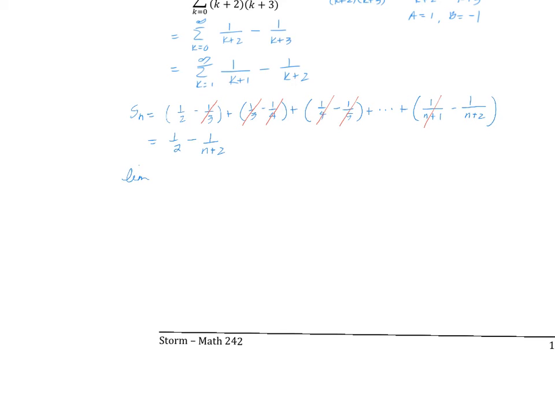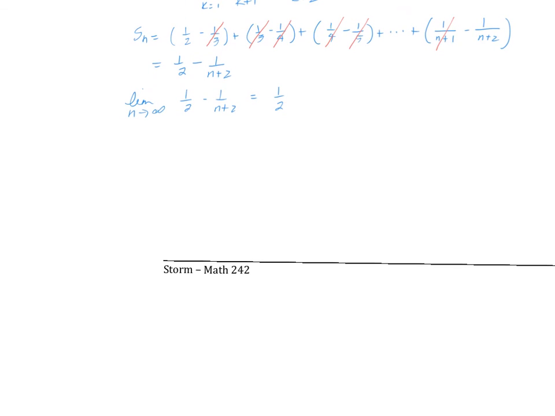So when I take the limit as n goes to infinity of 1/2 minus 1 over n plus 2, notice that 1 over n plus 2, 1 over infinity, goes to 0. So this is simply 1/2. So my series converges to 1/2.